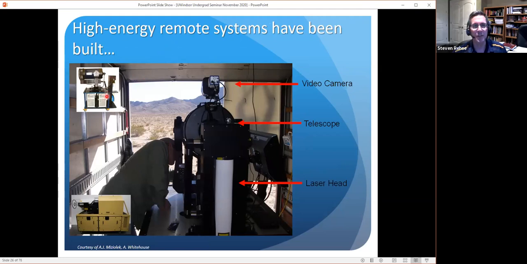You can see they've just mounted the 2 lasers, same second generation Mark I apparatus here, 2 lasers and a spectrometer on a big Schmidt-Cassegrain telescope, which in this picture is mounted in the back of a truck, and they're shooting it out at this target right here. Off in the distance, you can see a little box into which they've rubbed some explosive residue. They're developing it for the Army to mount on Humvees to do roadside bomb detection at what we call standoff distances. You can do that too.